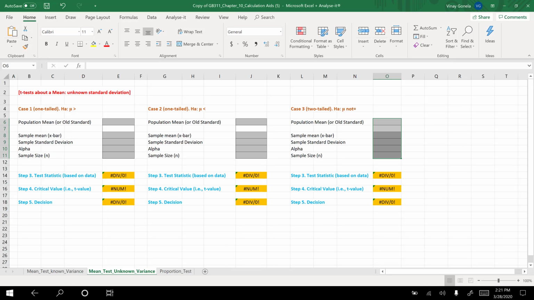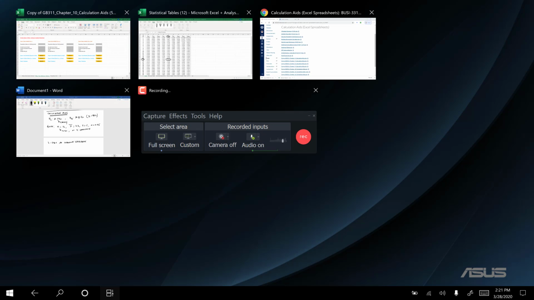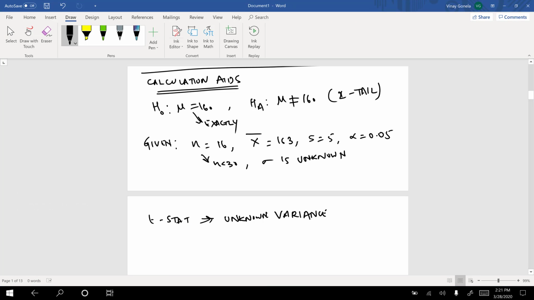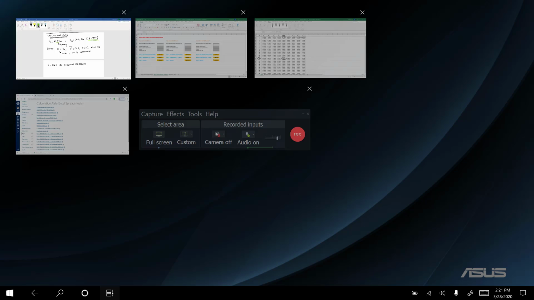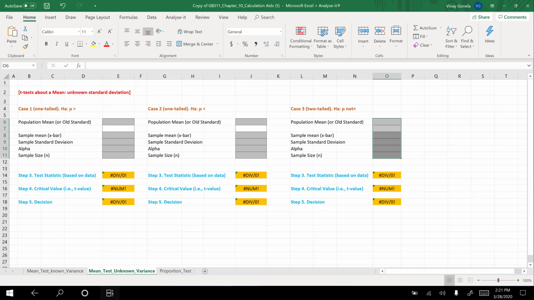As you know, our problem is a two-tail test because this is exactly equal to. So I will use two-tail. This is H alternative not equal to, that is what it is saying. I will use this case 3.